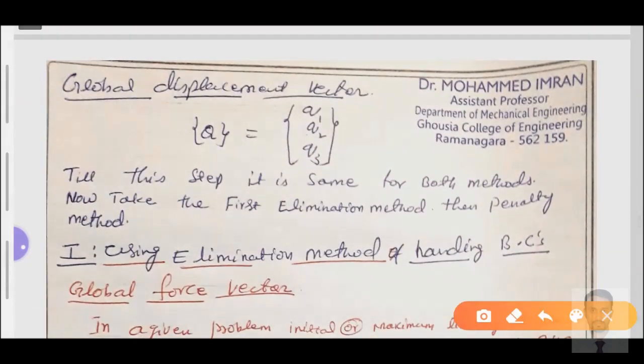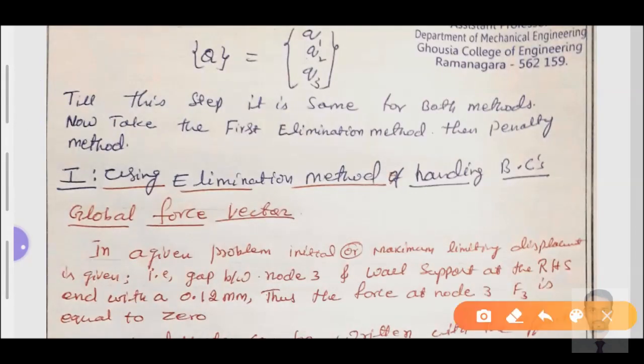Now after getting the global stiffness matrix, we need the global displacement vector. We have 3 nodes, and at each node there is one displacement: q1 at node 1, q2 at node 2, and q3 at node 3. Up to this step, everything remains the same for both methods.